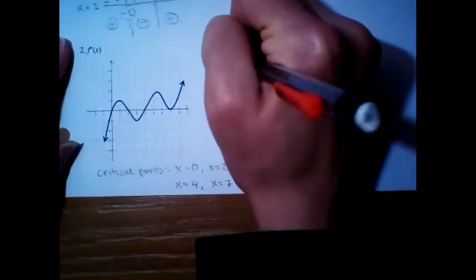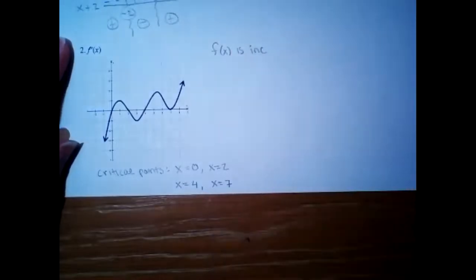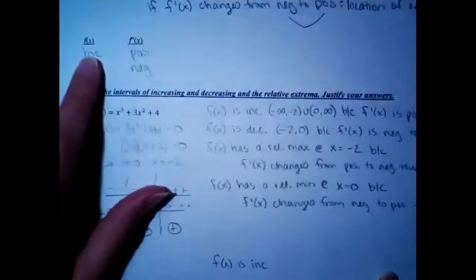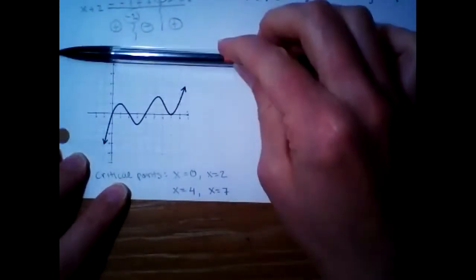All right, so first we're going to do increasing and decreasing. So f of x is increasing wherever the derivative is positive. This is the derivative, so this is positive above sea level.